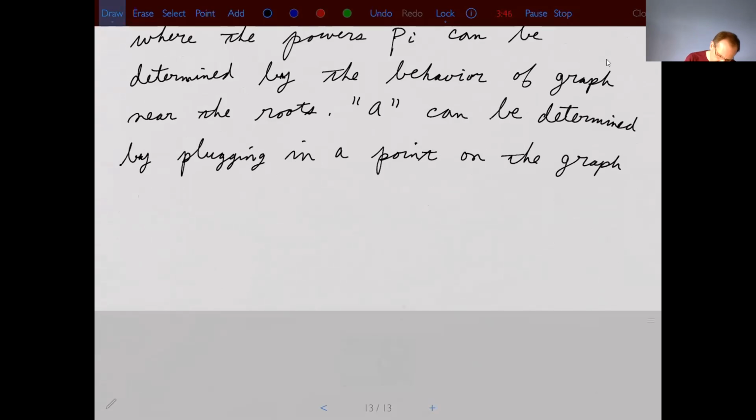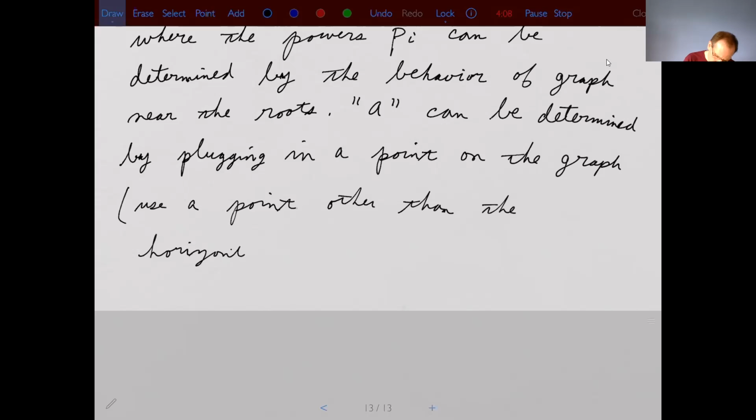So I'll just say use a point other than the horizontal intercepts. Okay, and that will allow us to find a.